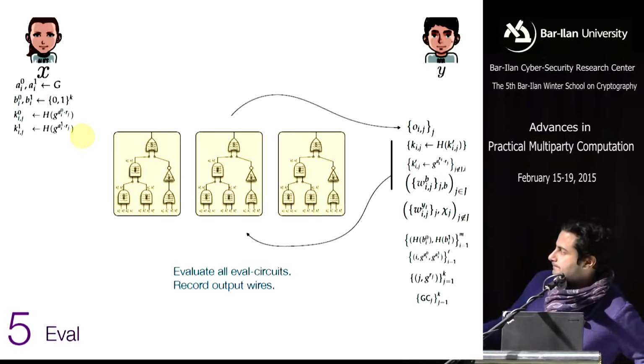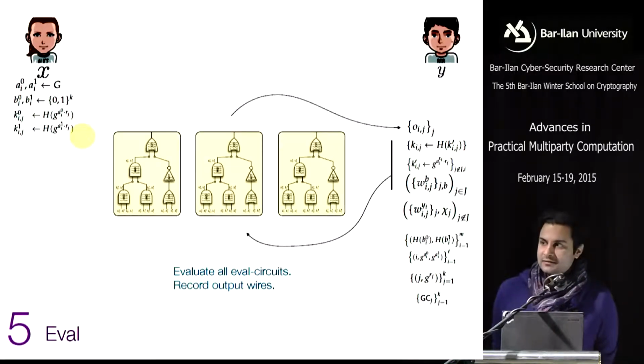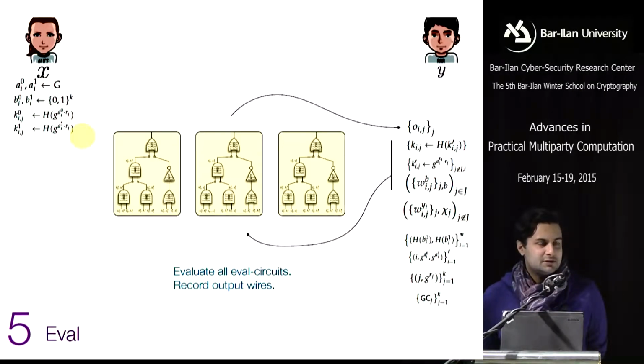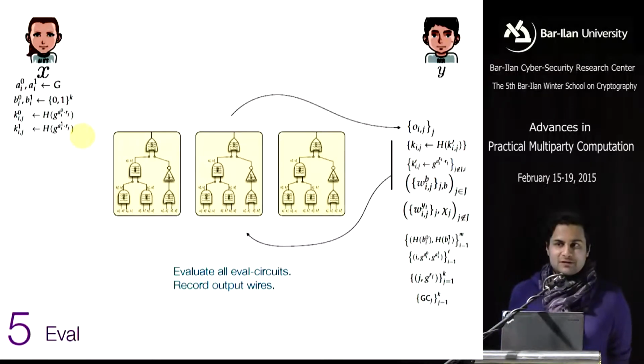Remember, Alice created these circuits using these keys for her input wires and the W's for Bob's input wires. So tell me how Bob is going to continue evaluation. It's not magic. All the information is there.